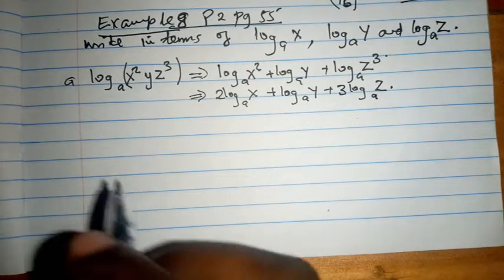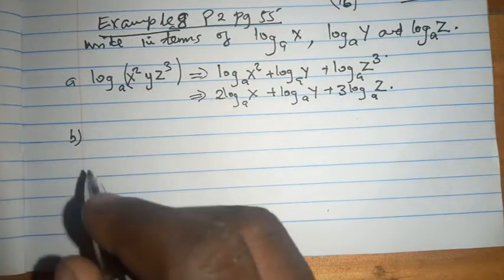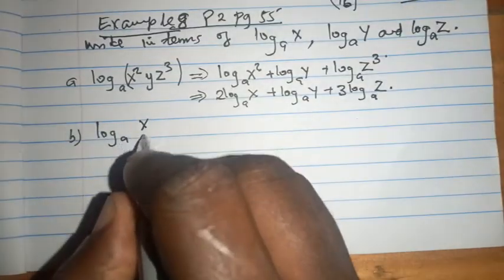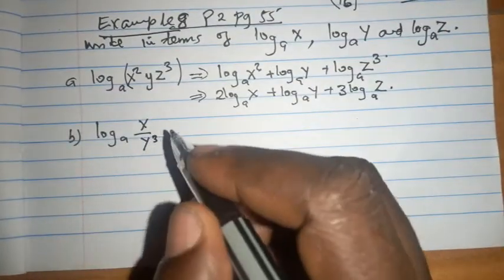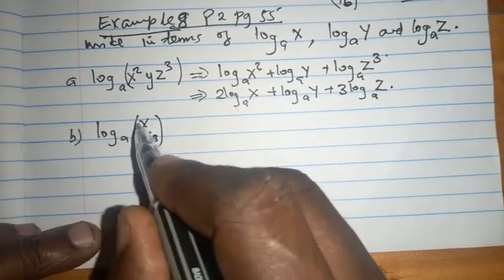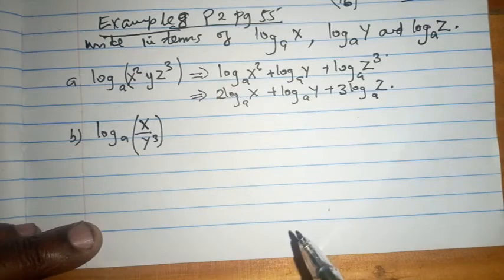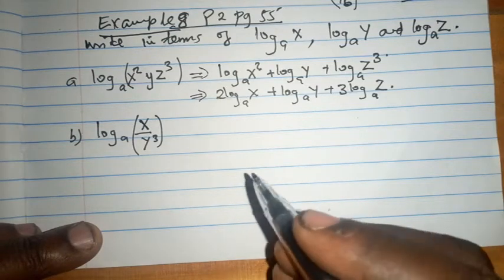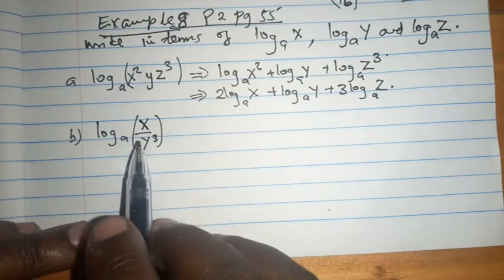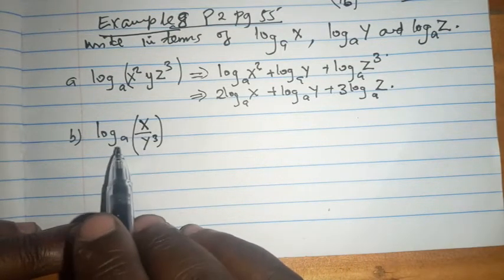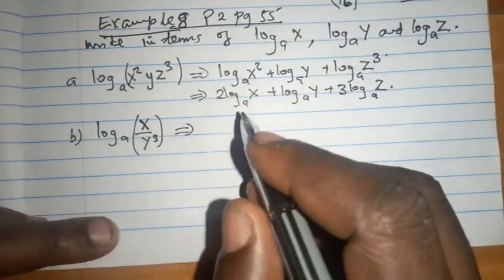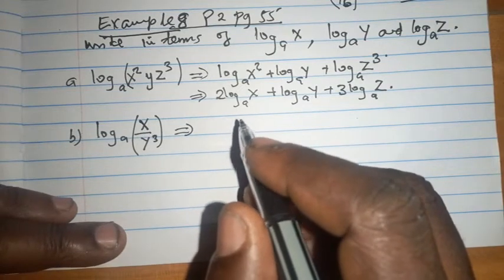If you look at part b, having log a of x over y cubed, we should use law 2, which talks about subtraction. Every time we are dividing and we are using logs, we should remember that we should subtract the logarithm of separate variables.